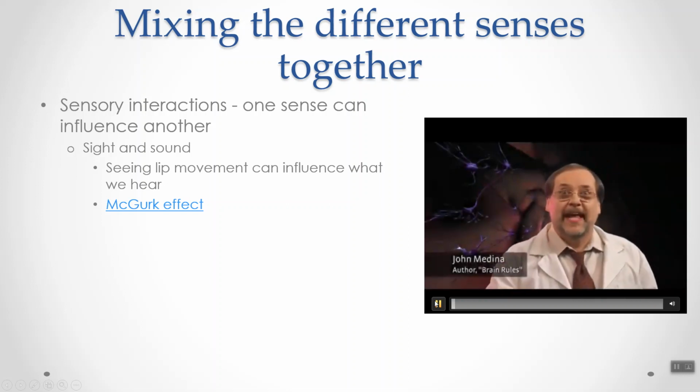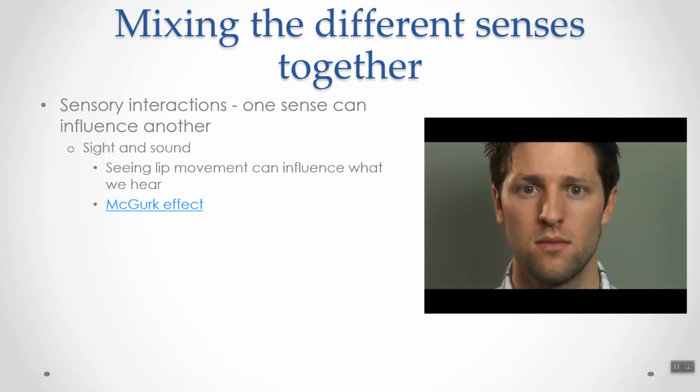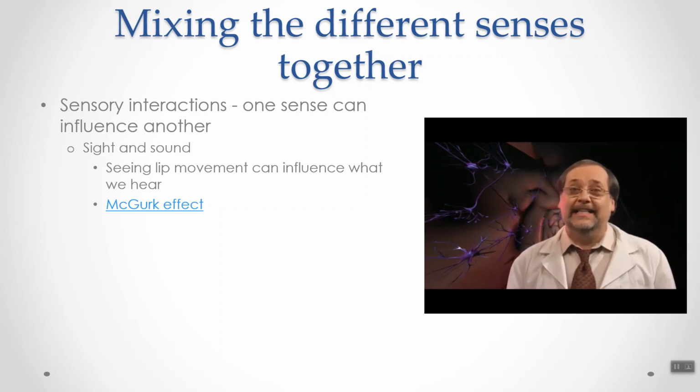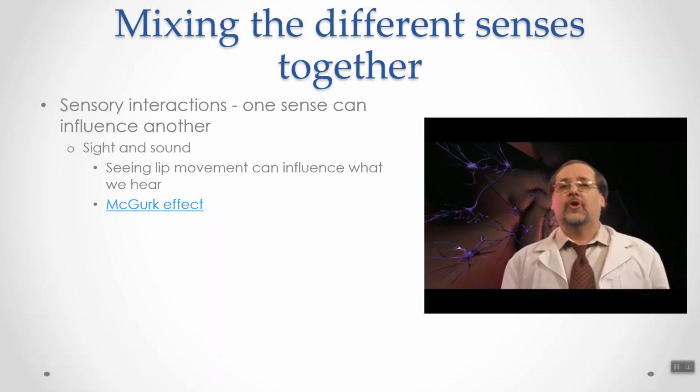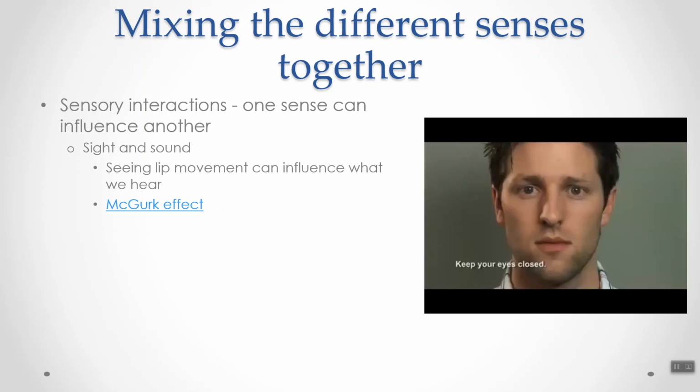Watch this experiment. It's called the McGurk effect. Ba, ba, ba, ba, ba, ba, ba. What do you think he's saying? If you think he's saying da, da, da, you are in the grand majority. But now, close your eyes and listen instead of watching.